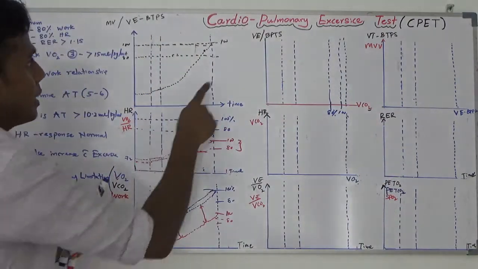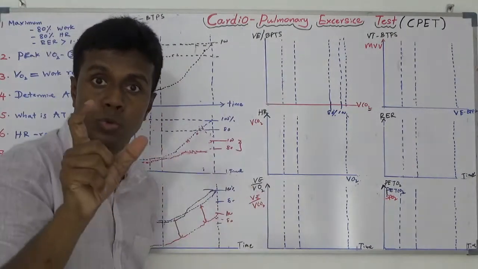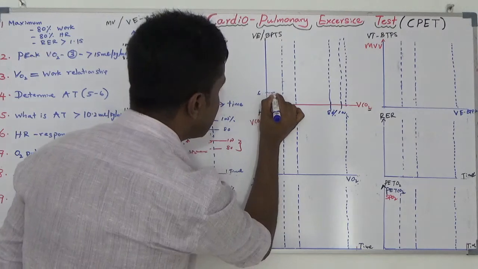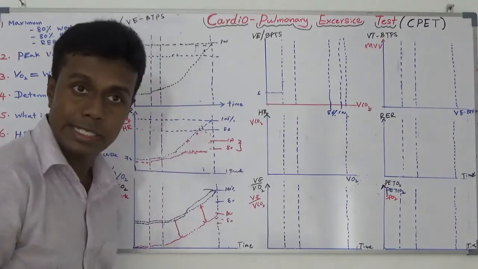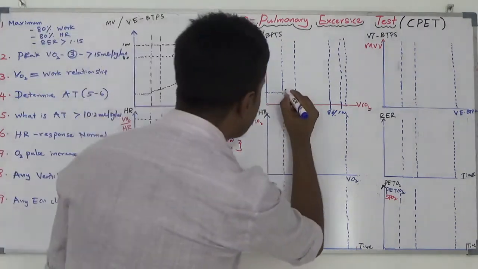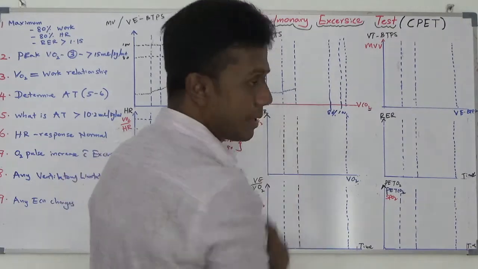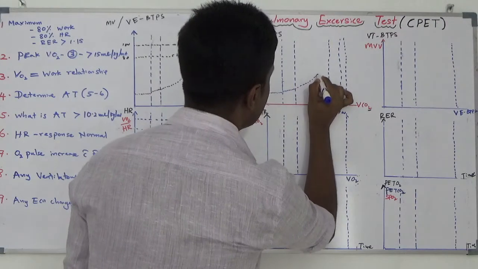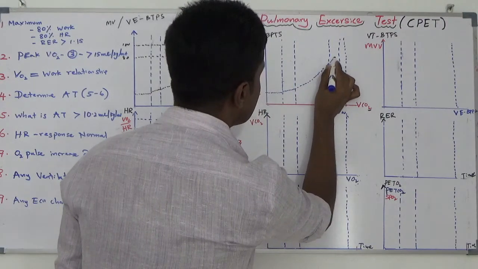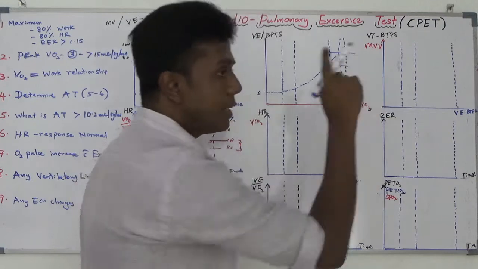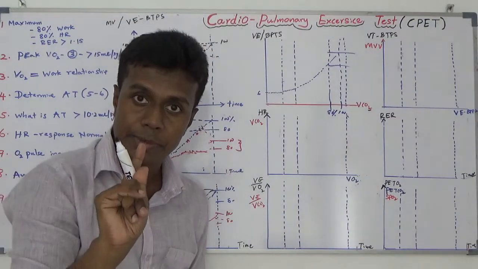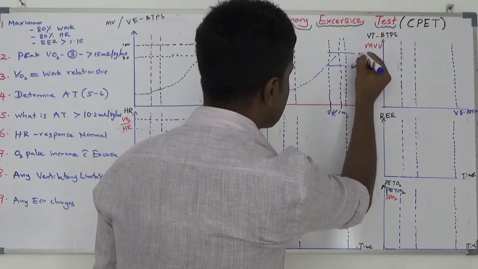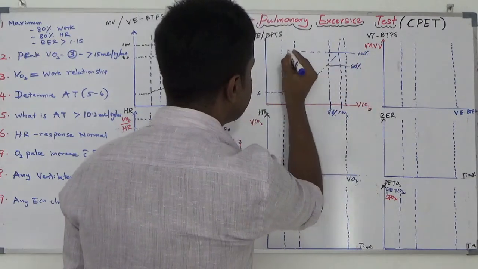Then initially your tidal volume into respiratory rate, minute ventilation, is somewhere around 6 liters. During the resting it is 6 liters per minute. During the unloaded exercise it will increase a little bit. During the loaded exercise it goes up. Somehow it should come into the 80 to 100% range of normal, which was calculated by the machine.